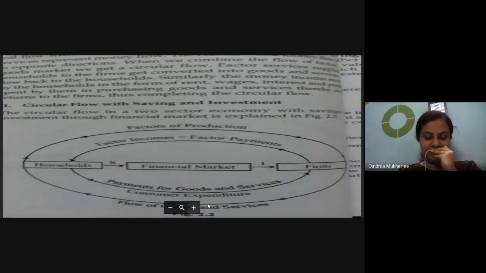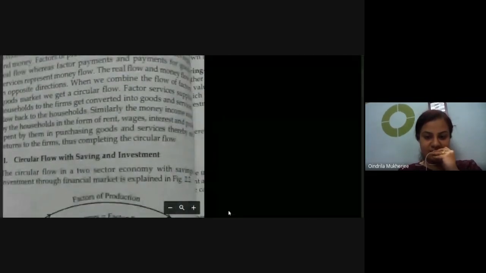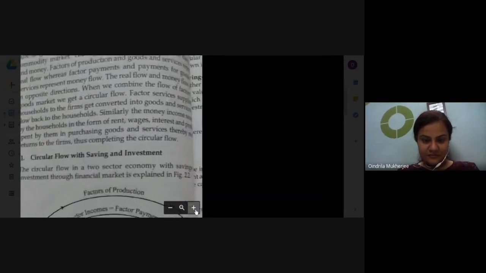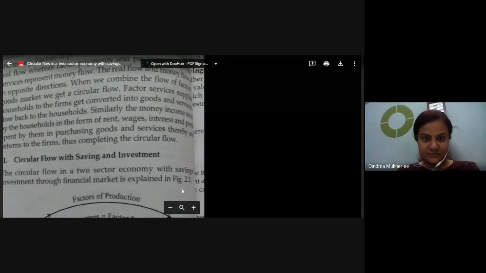Can you see the diagram? Can you see the diagram, students?